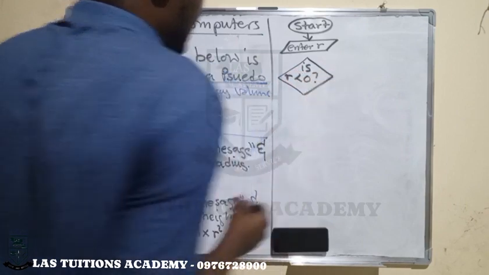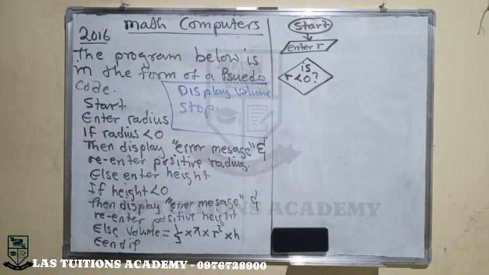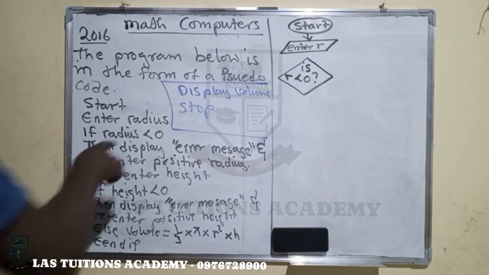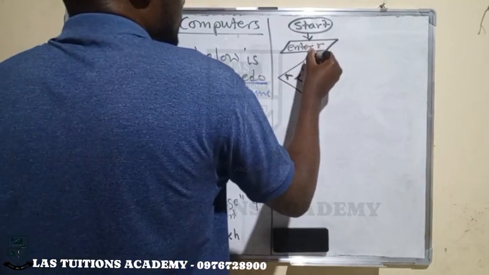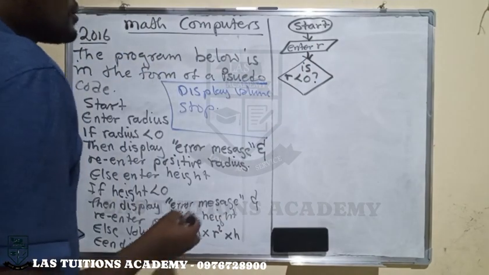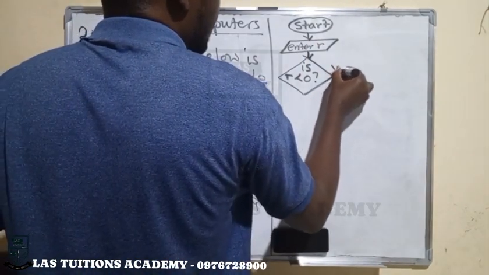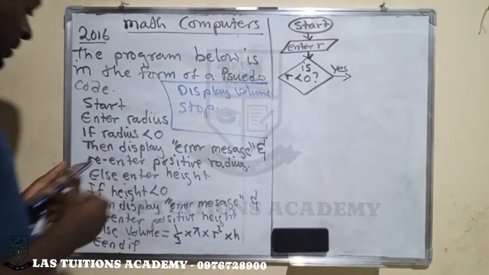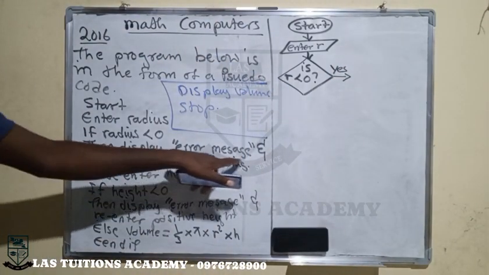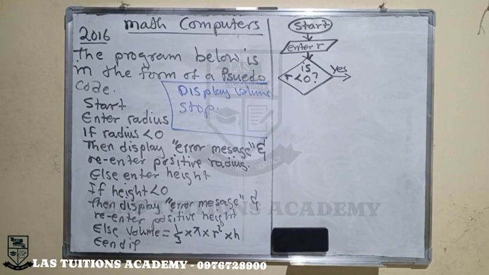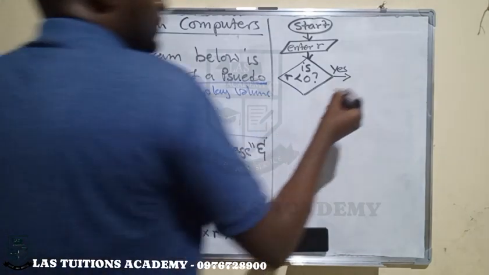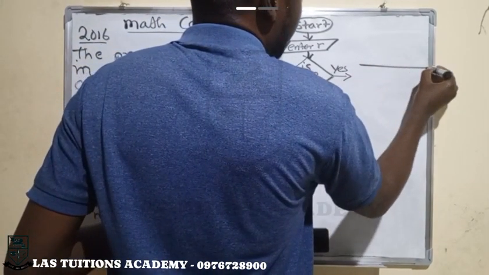That's a question mark, because that's the question here. So we have an arrow there. So if yes, then we have to display an error message.